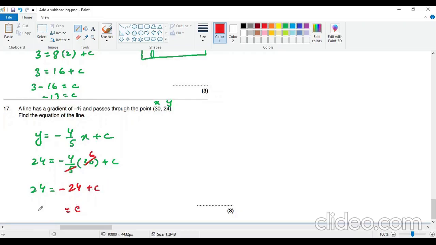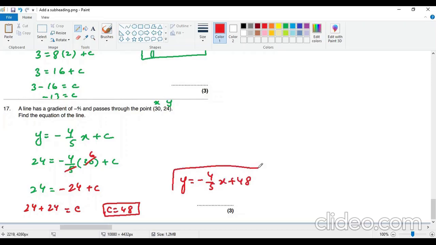That means c is equal to 24 plus 24, so c is equal to 48. That means your answer is y equals negative 4 over 5 x plus 48. This is the value of m, and this is the value of c.